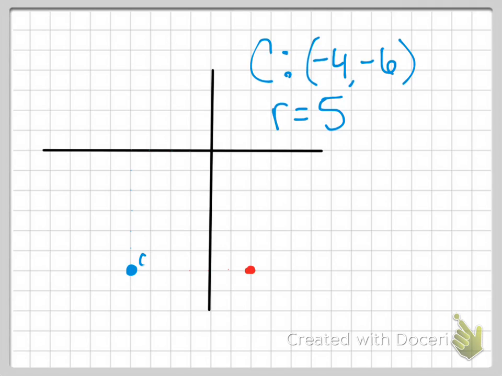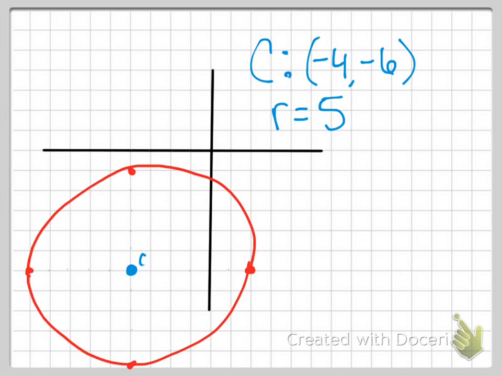I'm going to go up 5 units. To the left 5 units. And down 5 units. So this is a relatively large circle from the ones that we've been doing. Again, it does not have to be perfect, it should be round. It should not touch the center.